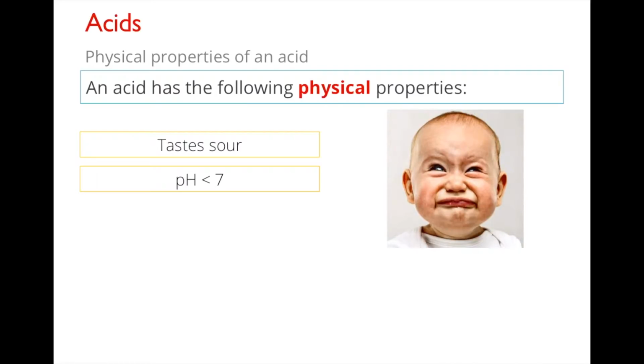So anything that's below pH 7, maybe I write down. The lower the pH means the more acidic the solution. So water is at pH 7.